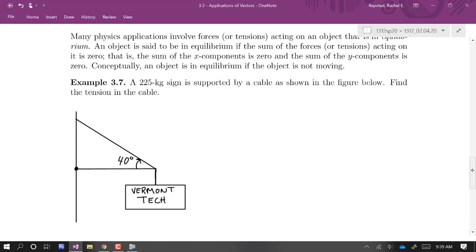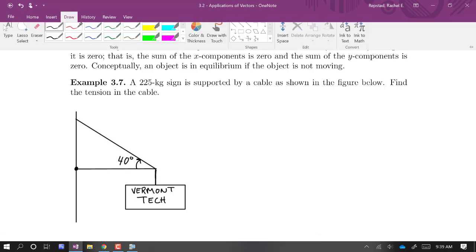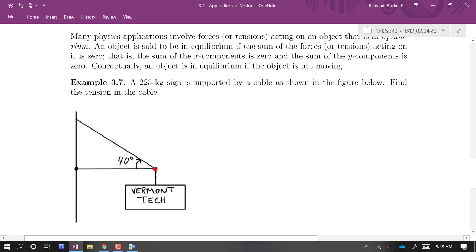So basically, I could think of this point as being the origin, like imagine there are some XY axes there. I've got that sign pulling down, and then it's being held up by this cable, so there's a tension in that cable holding up the sign.